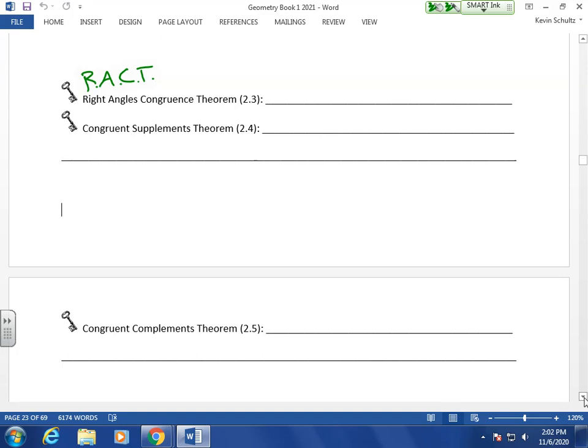Yeah, I've heard of the RACT. I use the RACT, you know? But what it says is that all right angles are congruent. The right angles congruence theorem says that all right angles are congruent. Okay?